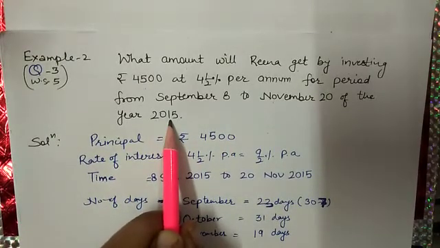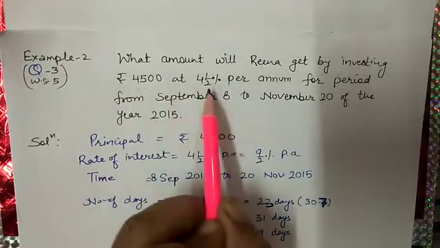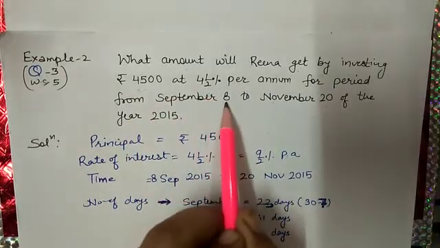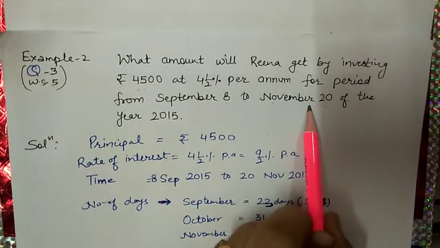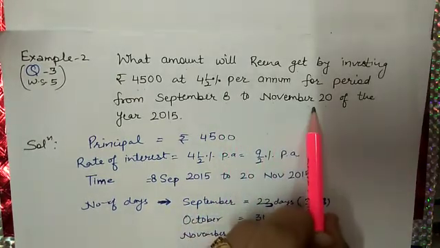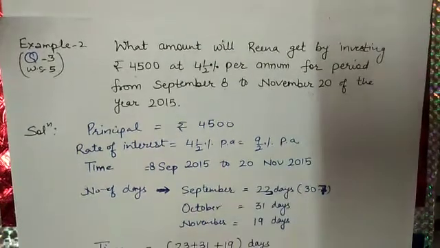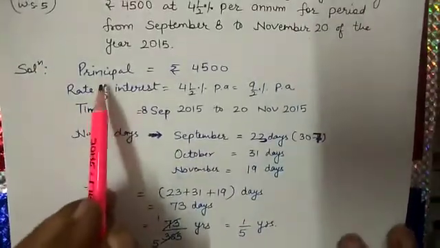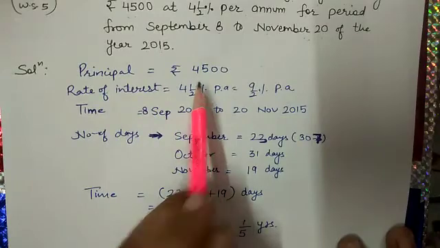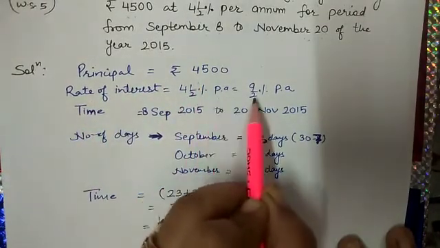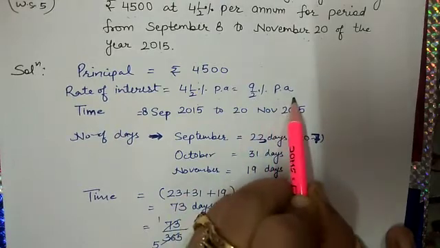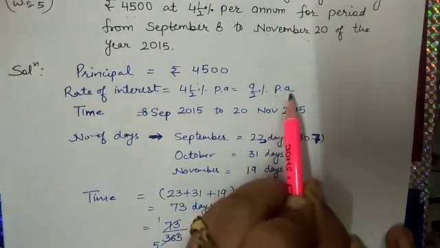Now we are given principal, rate of interest and time for some specific dates. We will calculate the number of days here and then convert these days into years. So let us see what we have to do. First of all, note down the principal 4500, rate of interest 4.5% per annum, that is 9 by 2% per annum. Always remember this is per annum.